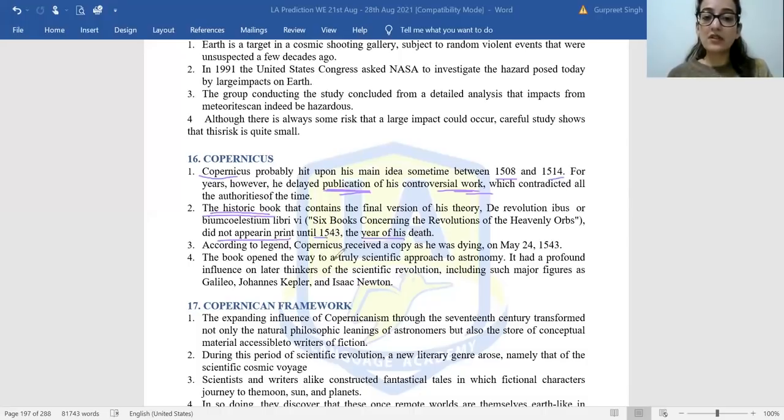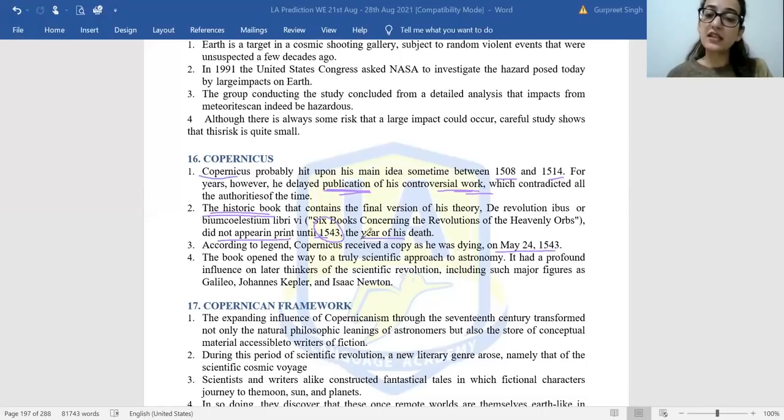According to legend, Copernicus received a copy as he was dying on May 24, 1543. Again, just saying 1543 is broader than giving a particular day in that year, which is May 24, 1543.